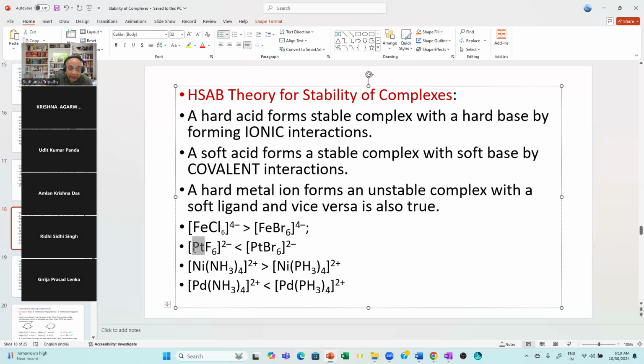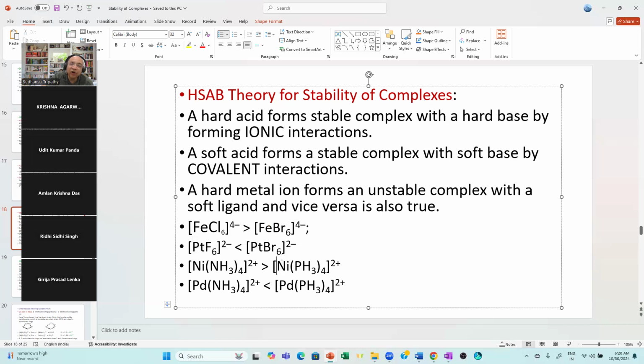But if platinum 4+ is a soft Lewis acid, then the chlorido complex will be less stable, because chlorido is a very hard ligand. Hard ligand and soft acid is not possible. It's a very unstable complex.